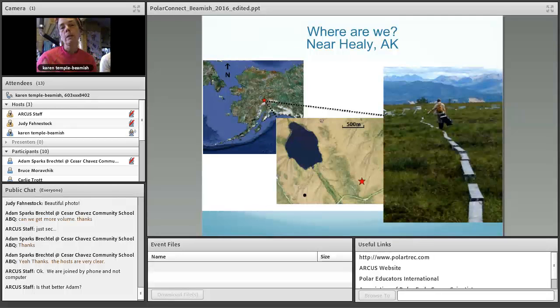You can see there's a very large lake there. It's called 8 Mile Lake, and on the right-hand side of the screen, you can see Marguerite moving along a boardwalk with some equipment. The boardwalk is there to protect the tundra from the constant impact of human traffic walking along the tundra. Next slide, please.